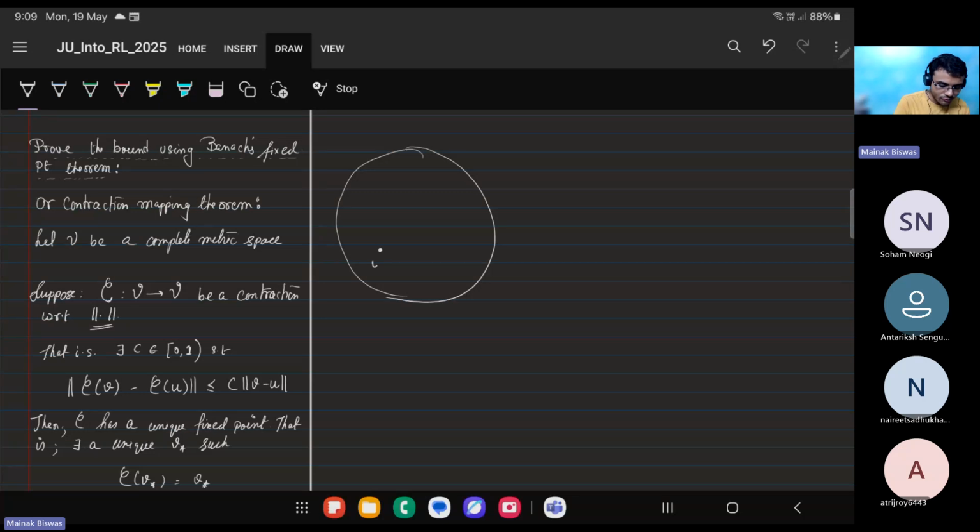The thing is, you have two vectors, say u and v, correct? And you pass them through this operator. Let's say script C is the operator, so we have C of u and C of v. This is the initial distance between them, v minus u. Do you agree? And this is Cu minus Cv.